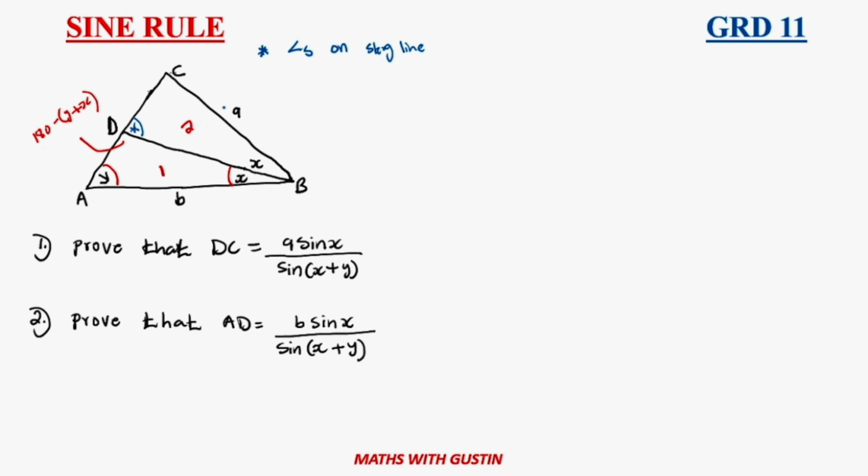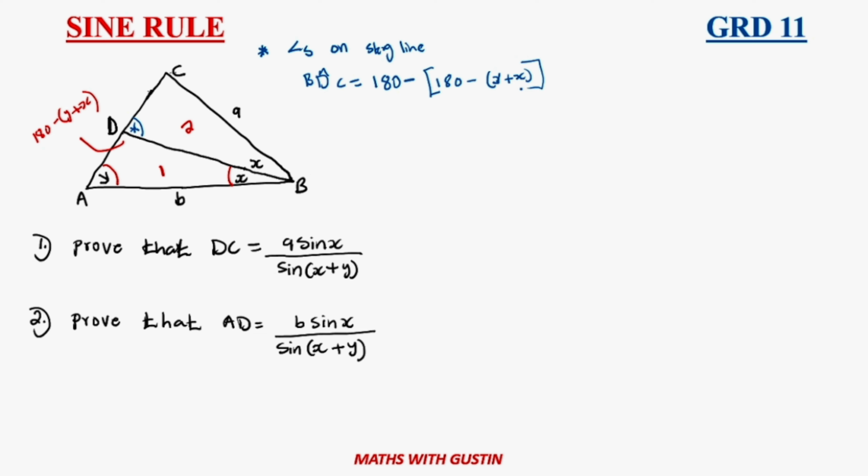So in triangle DC, the angle is the sum of angles in the triangle, 180 minus this angle of D on the other side, which was given to us as 180 minus (y plus x).